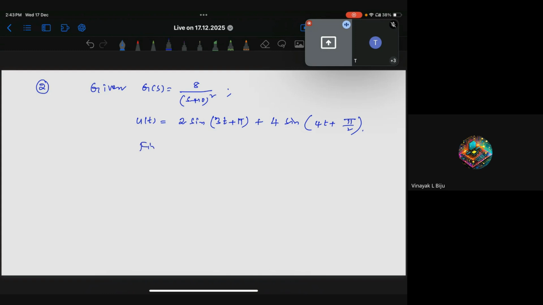Find the y of t expression. So this is going to be the second problem.